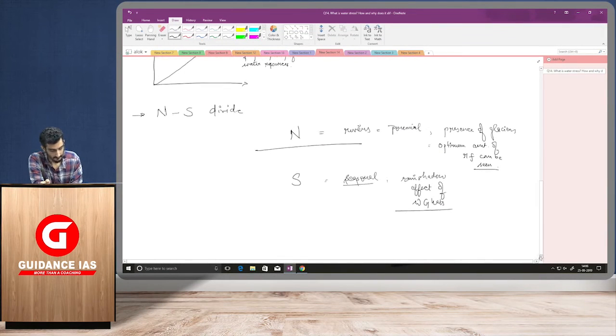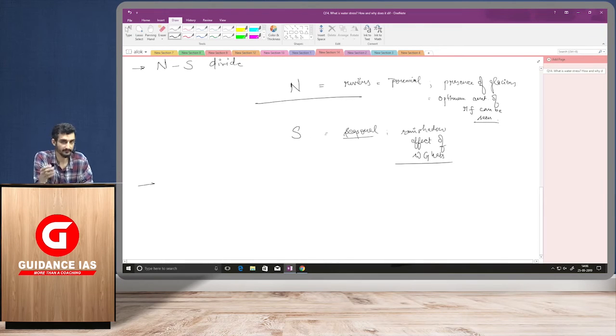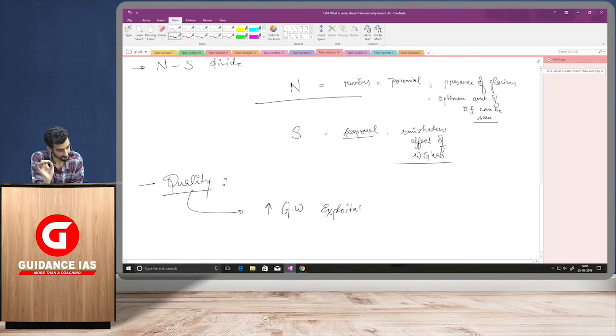Also with respect to quality, the third way we can see how it has been regionally varied is the quality of water. We see that there is high groundwater exploitation in certain states of the country.